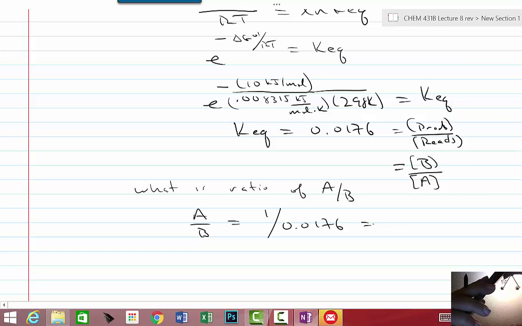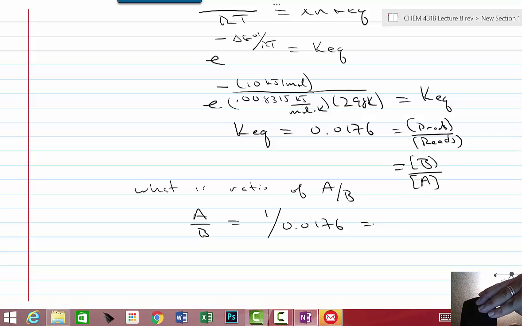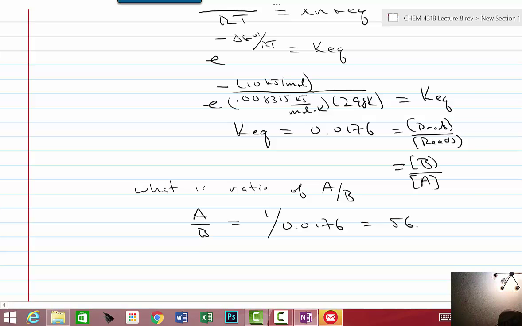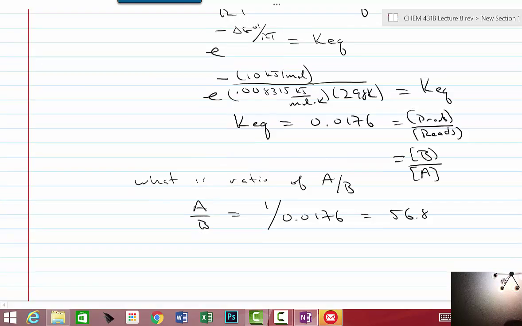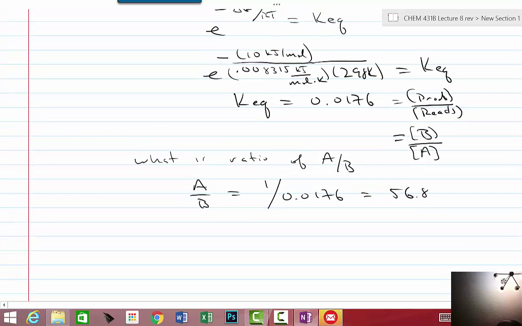If I put that in my calculator, I get 56.8. So there's a lot more A than there is B, which is what you'd expect for an endergonic reaction here. So A will pile up. This reaction favors the reactants.